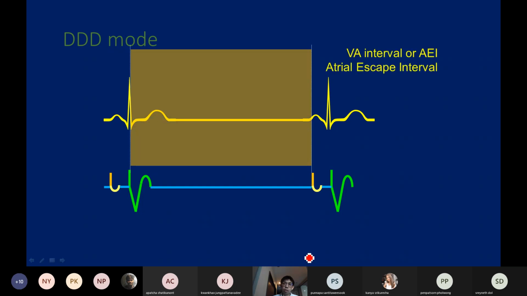This other interval is called the VA interval or atrial escape interval. It is the interval between the R wave and the P wave, R wave here and P wave. This is called the VA interval, the interval between ventricle and atrium.